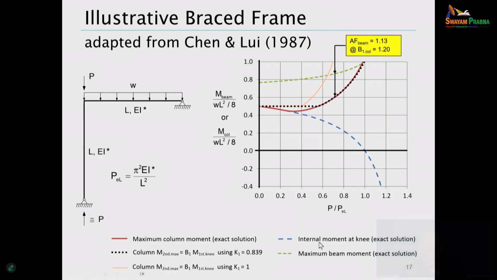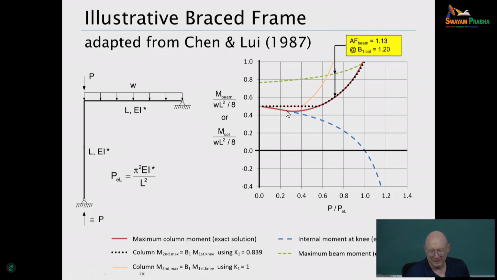If we consider the blue dash curve, this is the moment at the knee. And so what's going on here? This is what we were focusing on a lot on the previous slide.